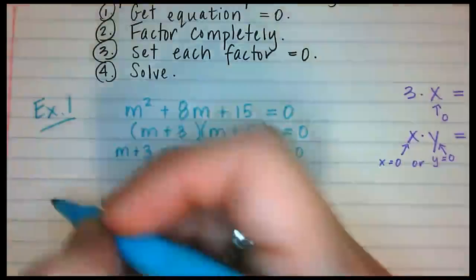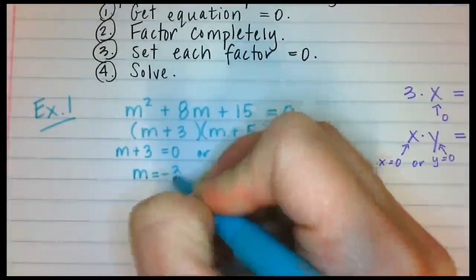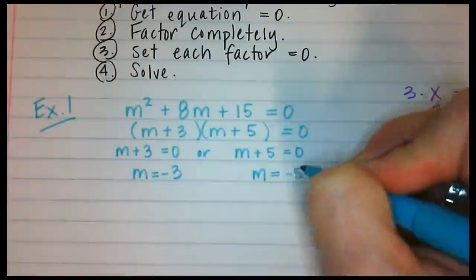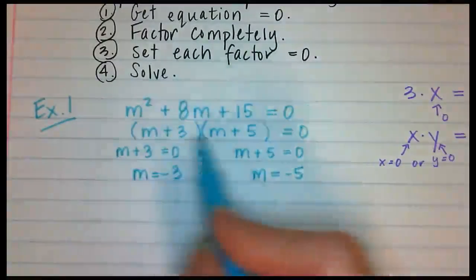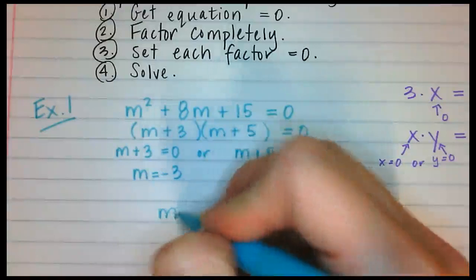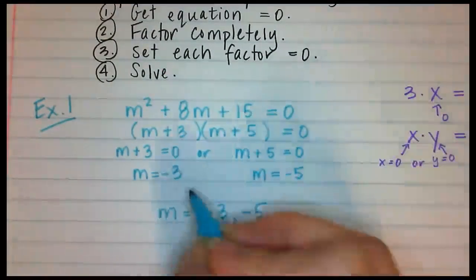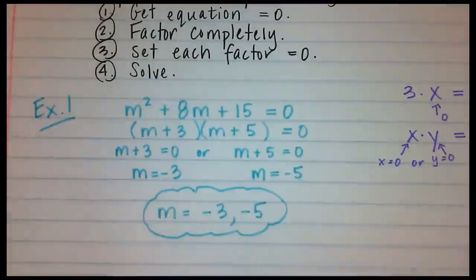Now step 4 says to solve. If I solve this, m is negative 3. And if I solve this one, m is negative 5. So the solution to this equation is that m could equal negative 3 or negative 5. That's usually how we write our answers. It's not an ordered pair, I'm just listing the two answers.